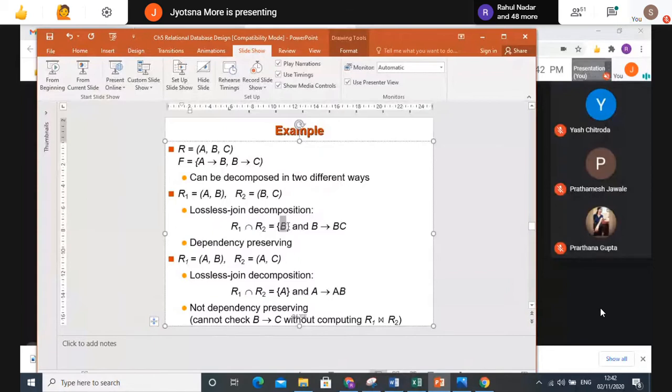So in this case, if I'm taking R1 intersection R2, that is A, which is coming over here, right? So based on this only, I can say it is a lossless join decomposition. But further, if you want, I will take this functional dependency now: A determines B. For this A determines B, what I will do is augment it with A on both sides.